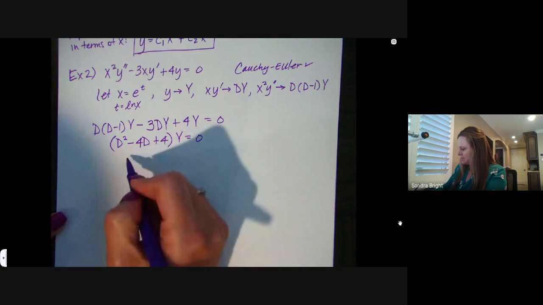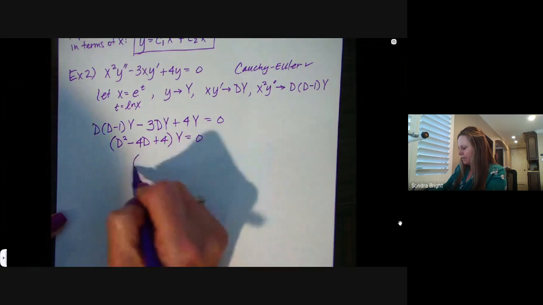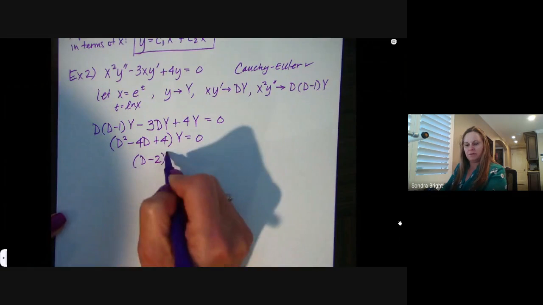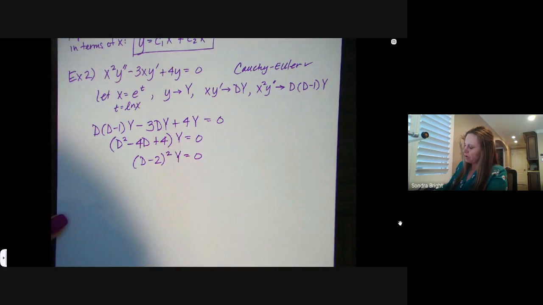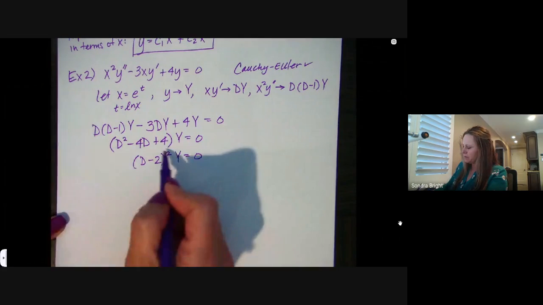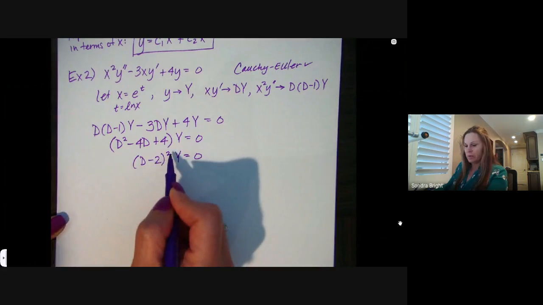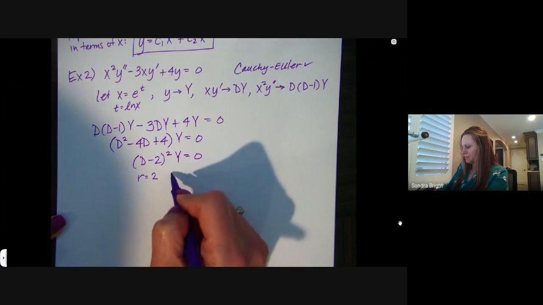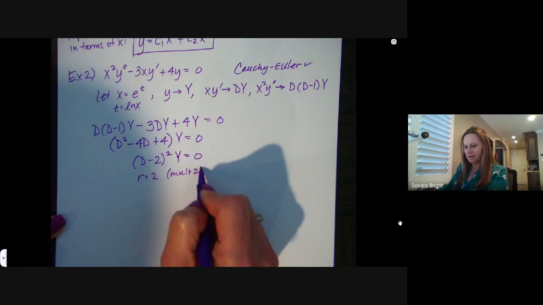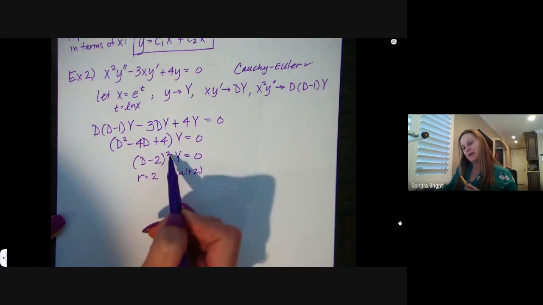So that means this is D minus 2 quantity squared on Y. All right, so our auxiliary equation would be solving r minus 2 quantity squared equals 0. So that means your root is 2, but with a multiplicity of 2 because of that exponent on that parenthesis there. And hopefully you remember how we did that yesterday.